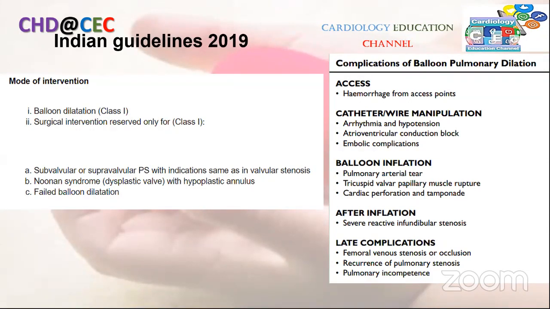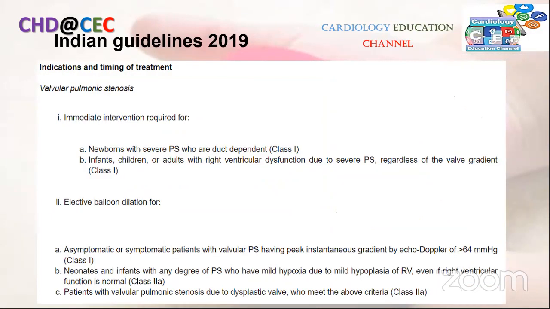We had a question in the chat a few minutes ago about the dysplastic pulmonary valve. One of the worst and unexpected complications is pulmonary regurgitation after balloon dilatation of a dysplastic pulmonary valve. When you have an extremely dysplastic and dysmorphic pulmonary valve, surgical intervention would be better.